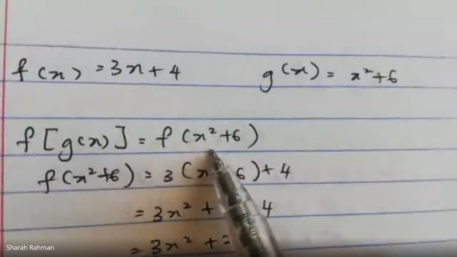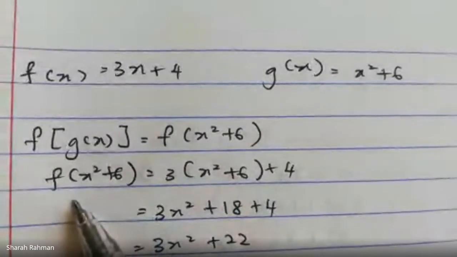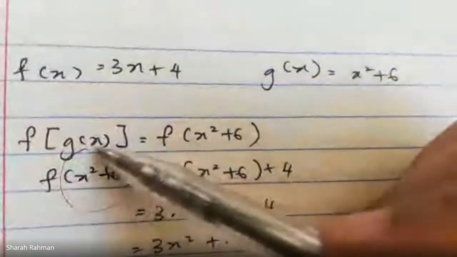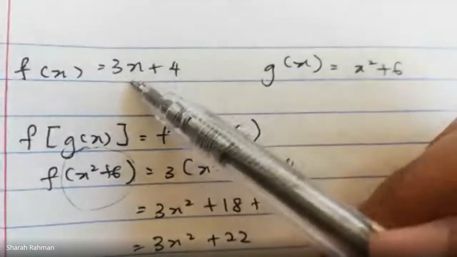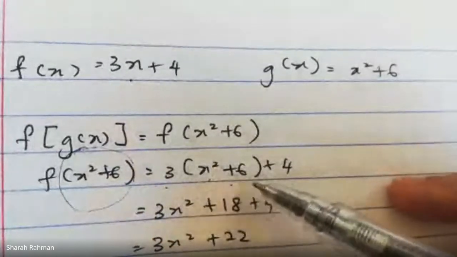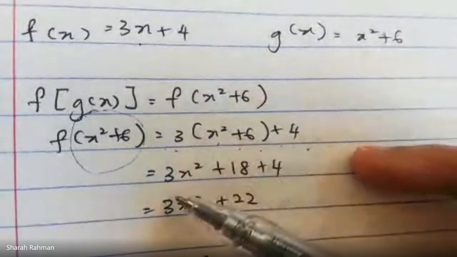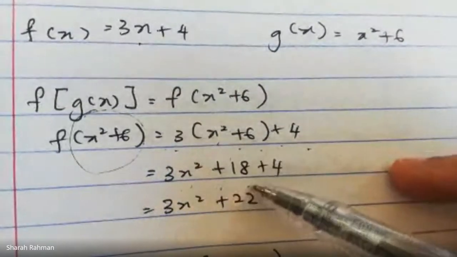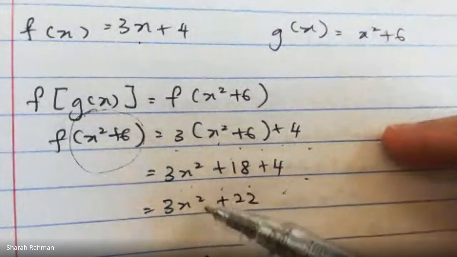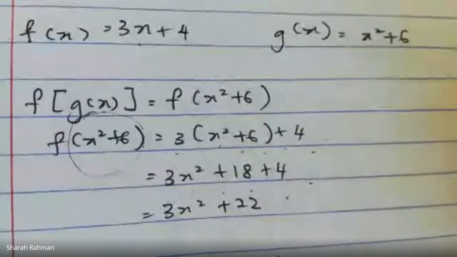So fx squared plus 6 here. And then we will substitute inside the f function, which is 3x squared plus 6 plus 4. Then we expand the bracket, we get 3x squared plus 18 plus 4. Then we do simplification, so we will get 3x squared plus 22. Okay, so this is fgx.